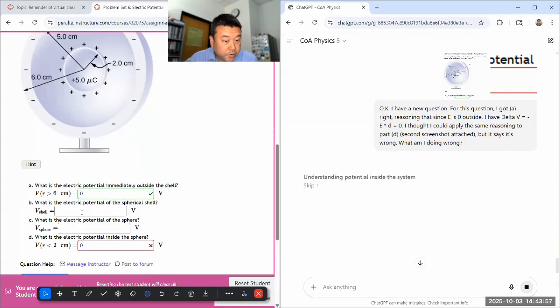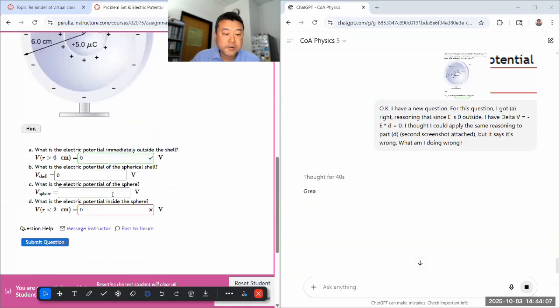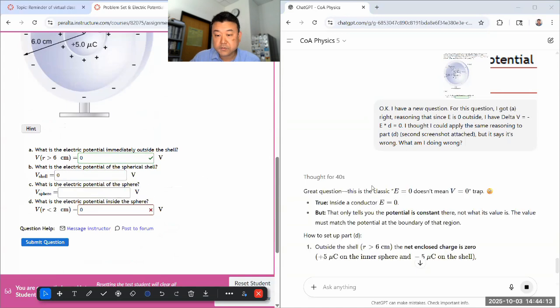Oh, I could have answered this too. That's also 0. So immediately outside the wall is 0. Immediately this conducting shell is 0. So it's really this part, the electric potential of the sphere. That's what you need to figure out. I don't know if it's classic, but I think I've seen people make the mistake.